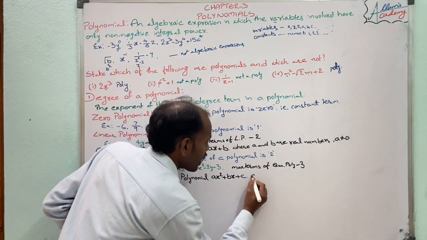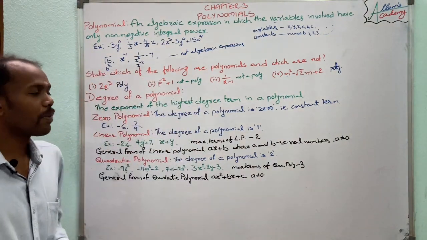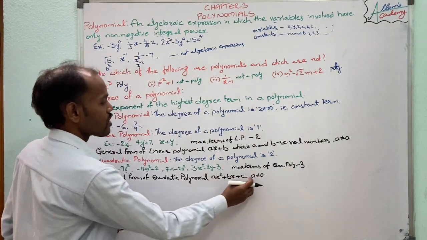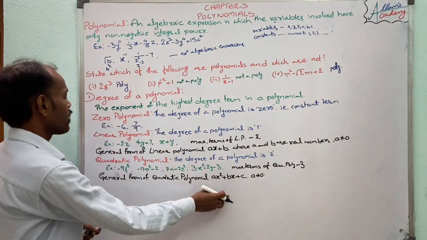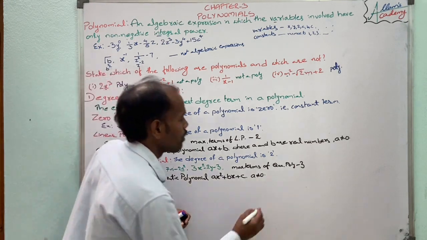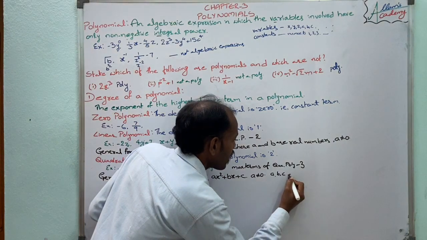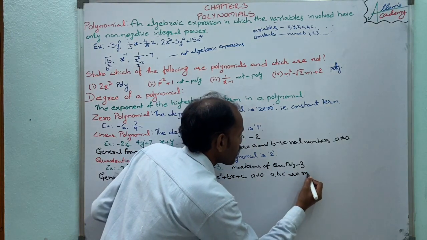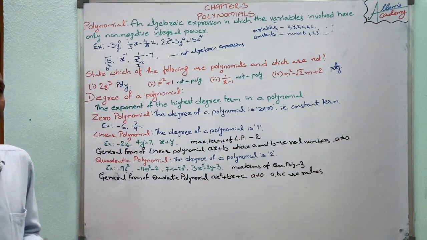Here also a is not equal to 0. Why? Because if a is 0, it becomes bx plus c. That means it is a linear polynomial, not a quadratic polynomial. And here a, b, c are real numbers.